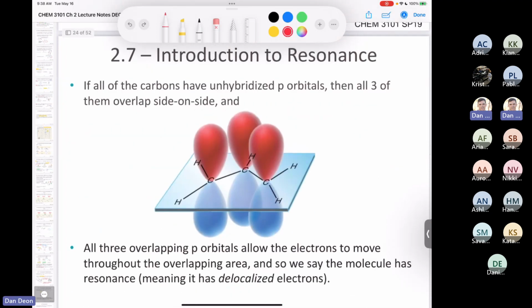Here's a picture that shows those 3 p orbitals, and it does a better job of showing how they are actually touching. They are actually overlapping with one another. And again, the word that I used was tunnel, but we can say it's a conduit. And so it enables those pi electrons to be delocalized or shared across all 3 of those p orbitals.